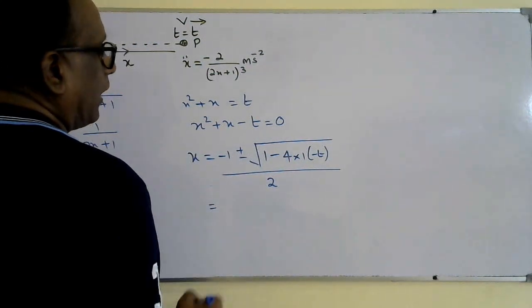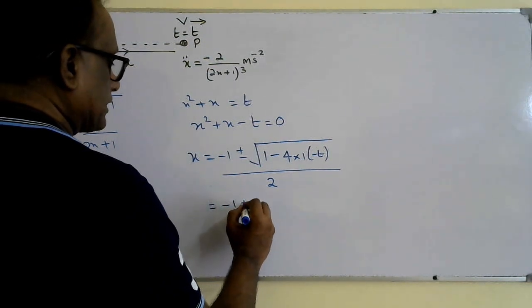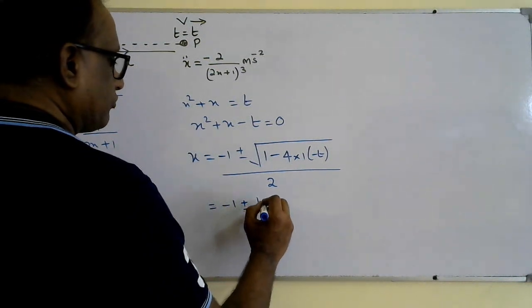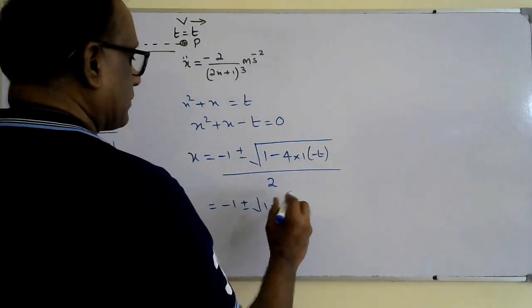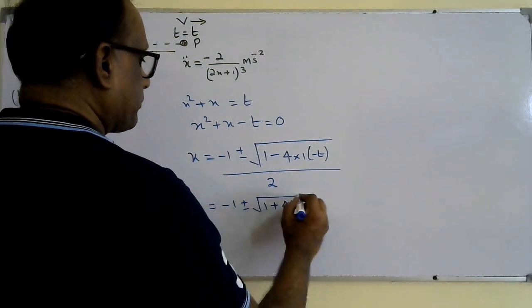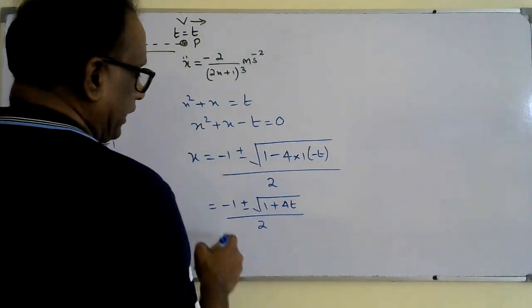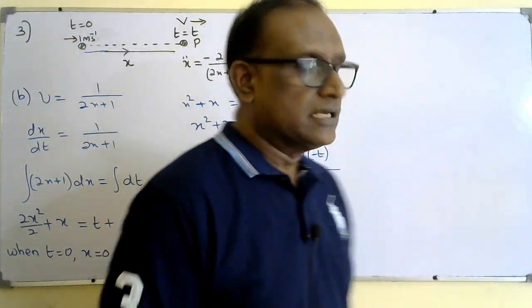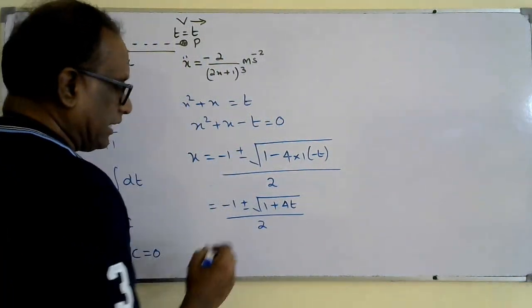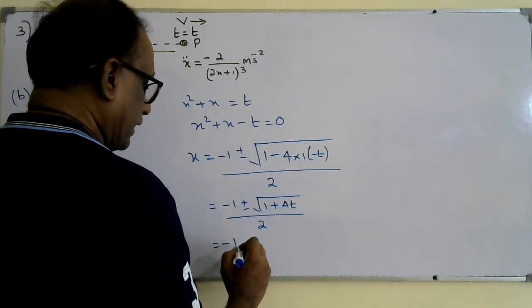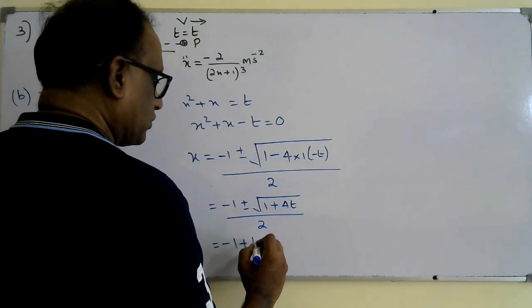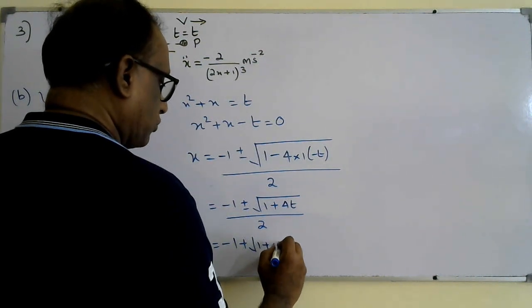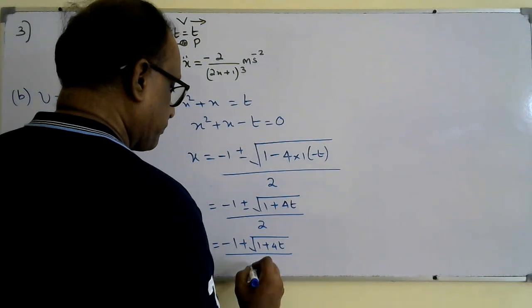So this is minus 1 plus or minus the square root of 1 plus 4t, over 2. We know that x is a positive quantity, so this minus won't come, so that is going to be minus 1 plus the square root of 1 plus 4t, over 2.